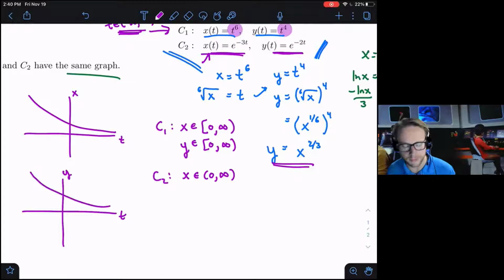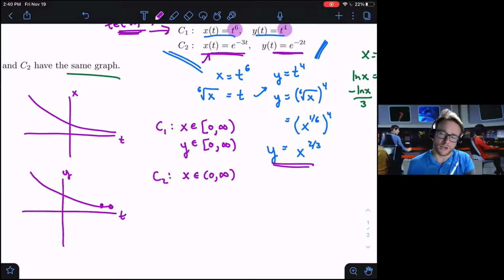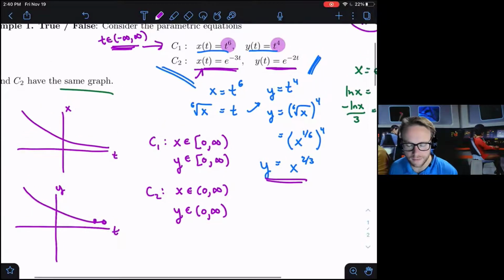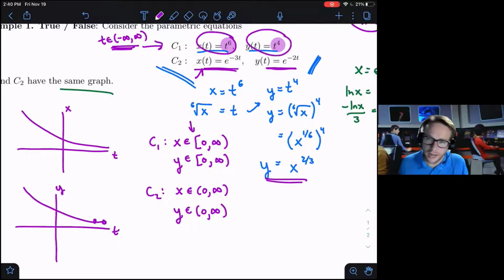I don't know, I'll do something like that. But again, as you plug in larger and larger values of t, it does have an asymptote towards 0. You get very, very close to 0, but you never achieve 0. And this other curve can achieve 0. If you plug in t equals 0, you can actually get the point 0, 0. So C2 is actually going to be what we call a subset of C1.